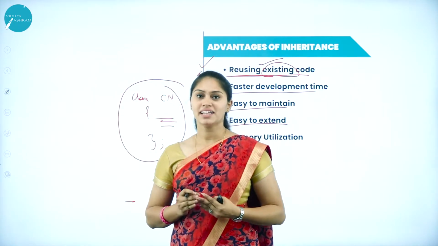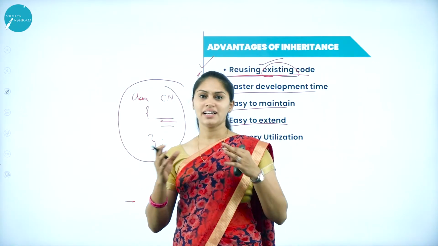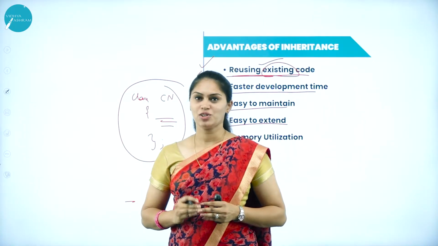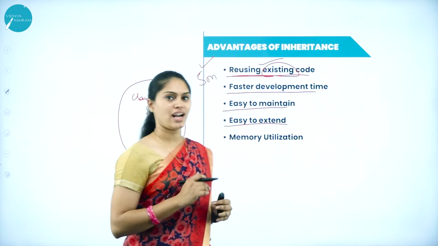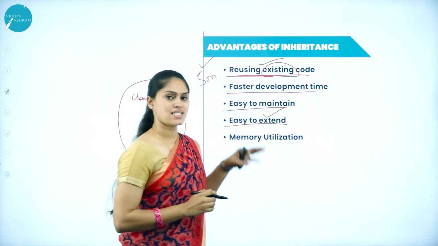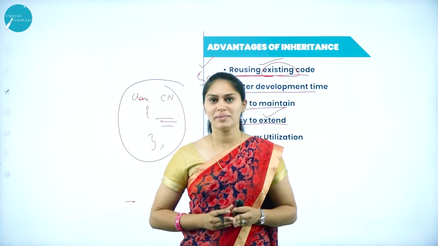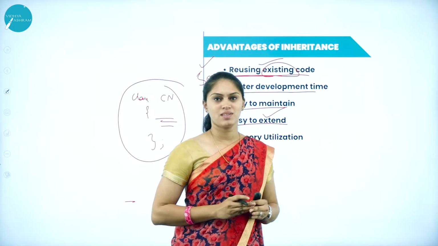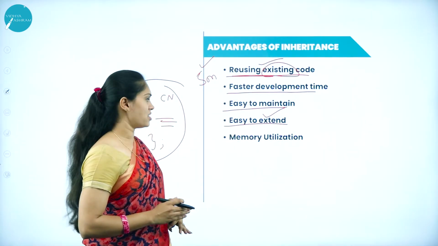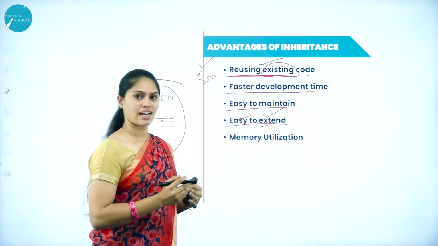By creating the derived class, I can easily add the new content to the existing class. So with the help of this inheritance concept, I can extend, improve or enhance the performance of a program, and easily extend the properties or the contents.